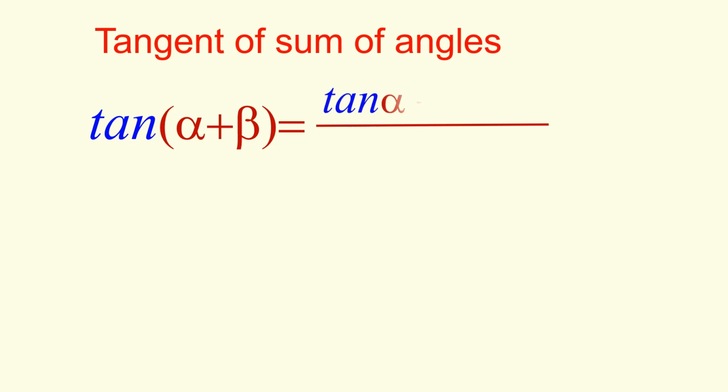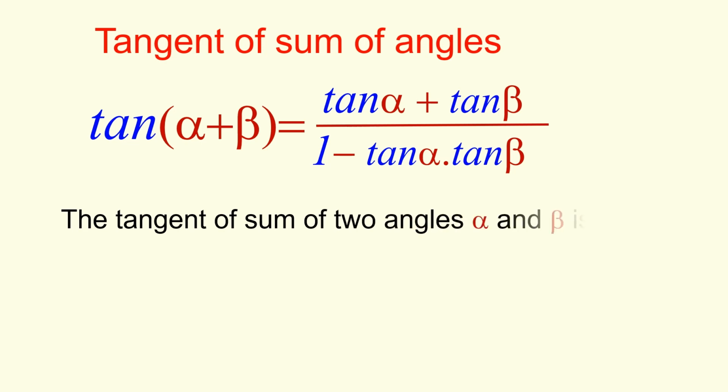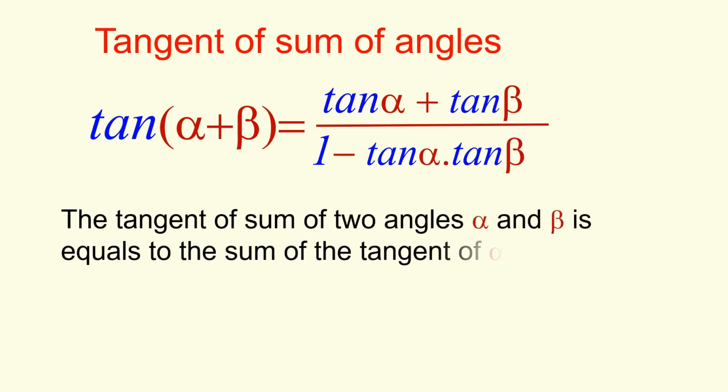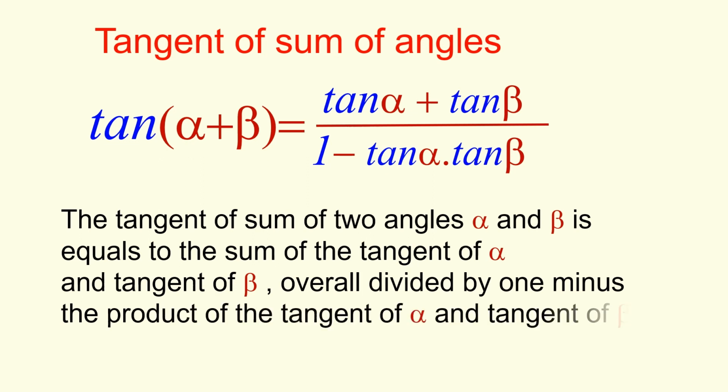Finally, tan alpha plus beta is equal to tan alpha plus tan beta divided by 1 minus tan alpha tan beta. The tangent of sum of two angles, alpha and beta, is equal to the sum of tangent of alpha and tangent of beta, overall divided by 1 minus the product of the tangent of alpha and the tangent of beta.